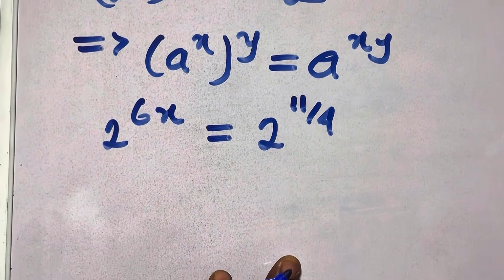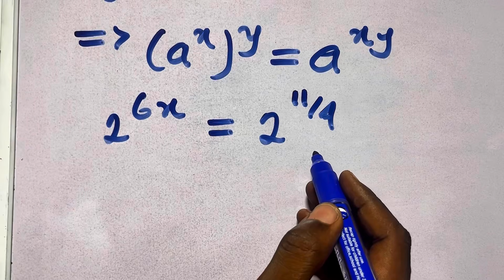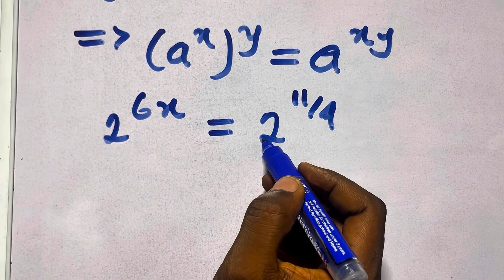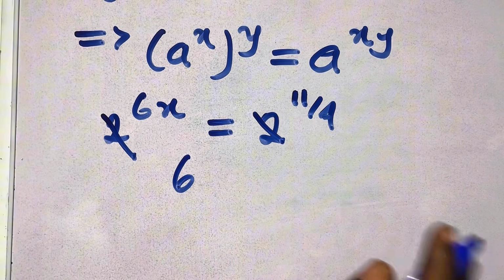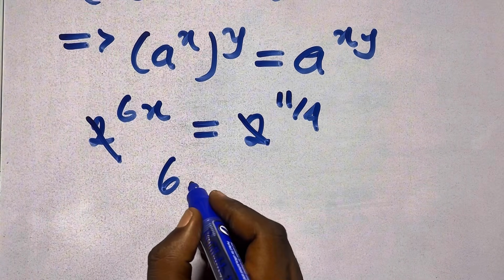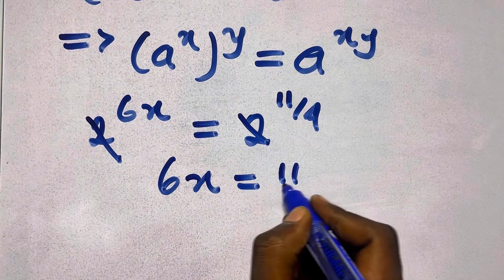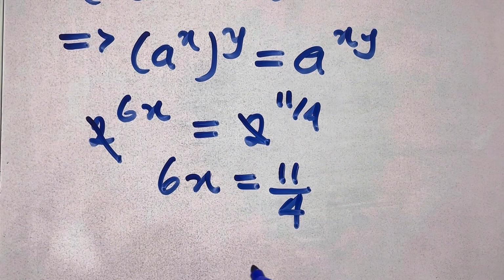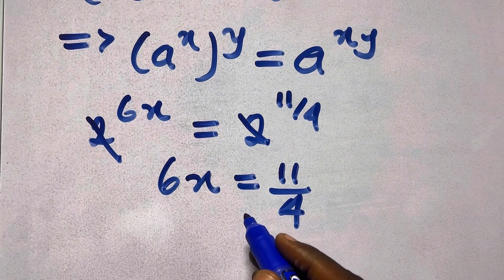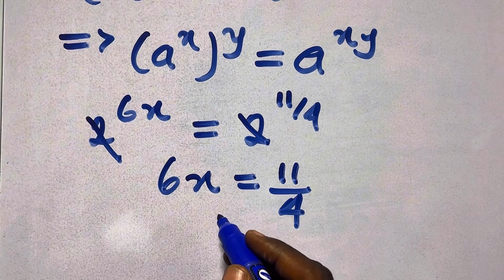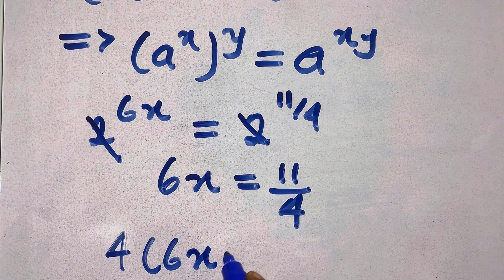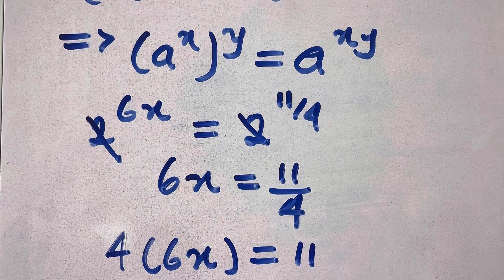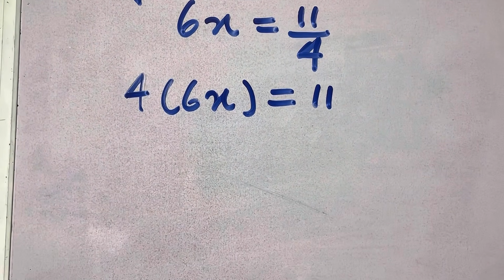From the law of indices, when numbers with the same base are equal, we can neglect the base and equate the powers. We have 6x equals 11 divided by 4. By cross multiplying, we have 4 multiplied by 6x equals 11.